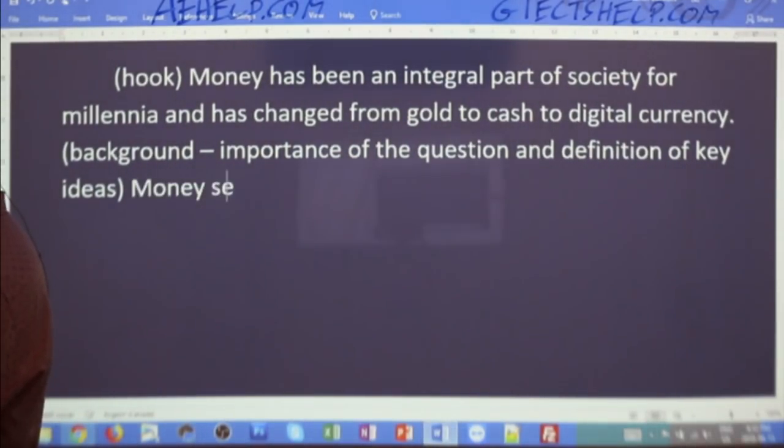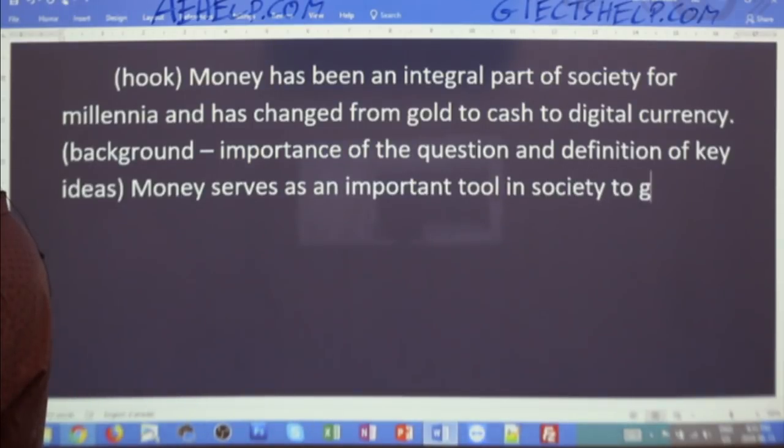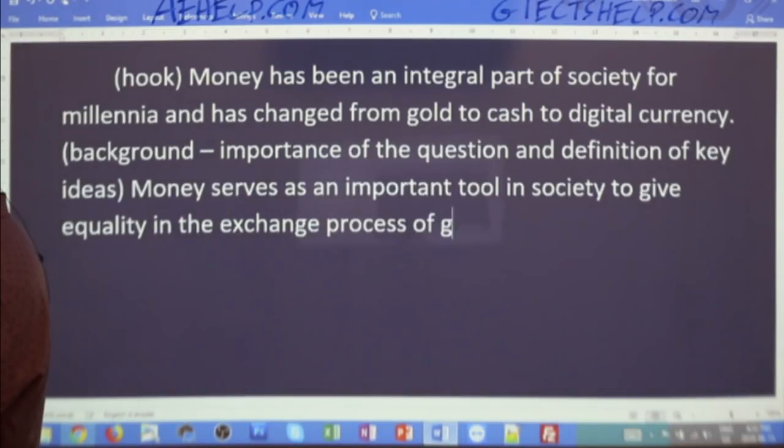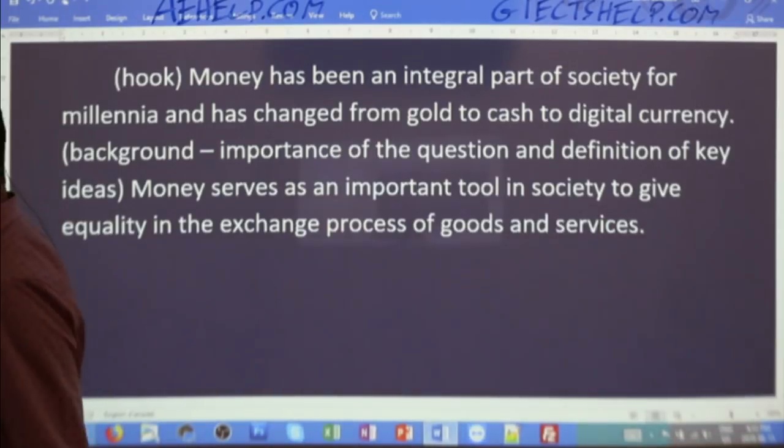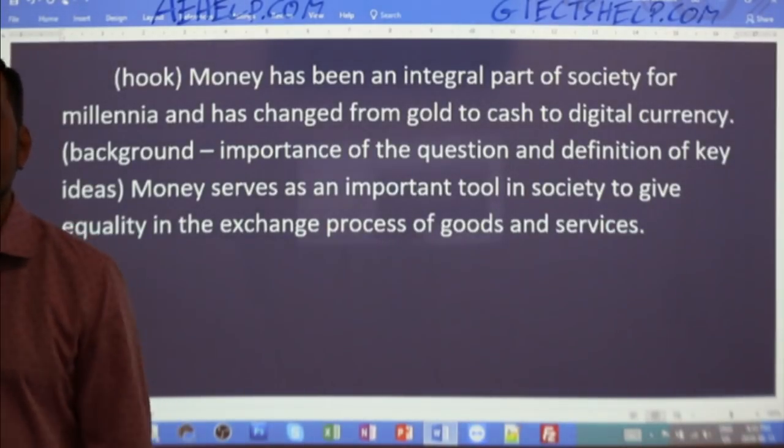Money serves as an important tool in society to give equality in the exchange process of goods and services. Okay, so that would be the background.